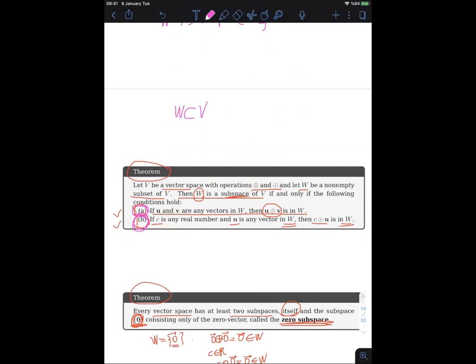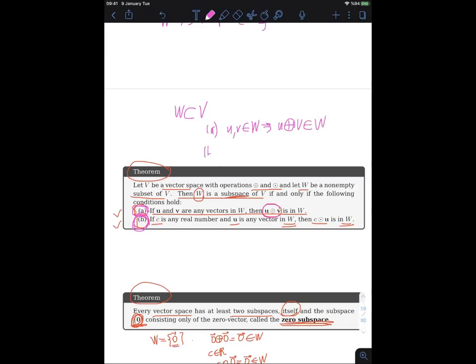Property A is closure under vector addition, meaning that if U and V are in W, then you require U plus V to be in W.